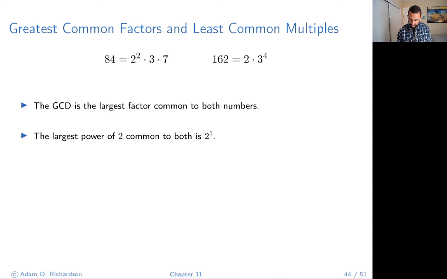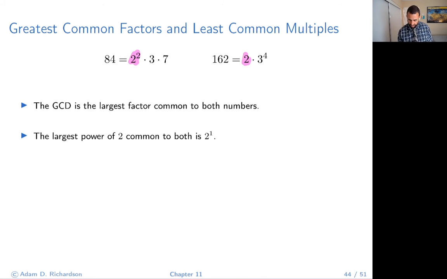So here's the idea. They both have factors of 2, but 84 has 2 of them, and 162 only has 1 of them. So if I want a number that divides both of these, I'm going to need 1 2. If I put 2 2's in there, then I won't be dividing 162, because 162 only has 1 factor of 2.